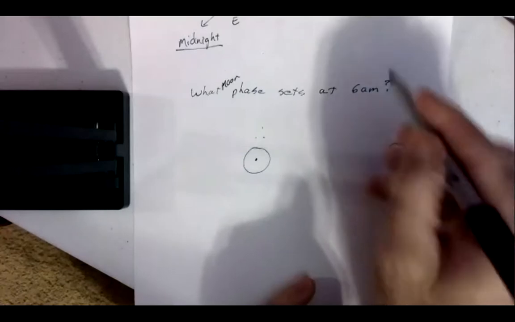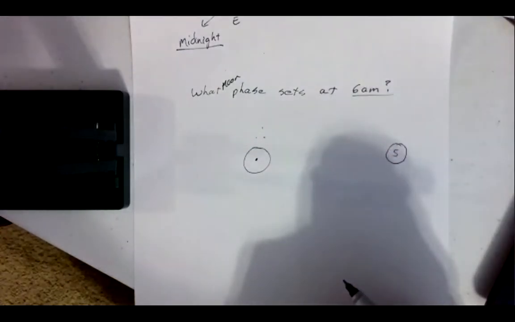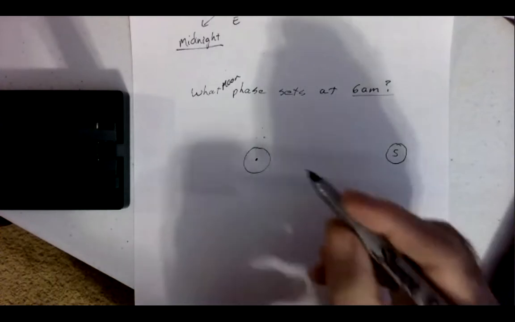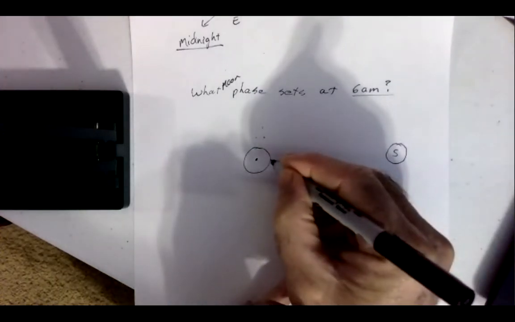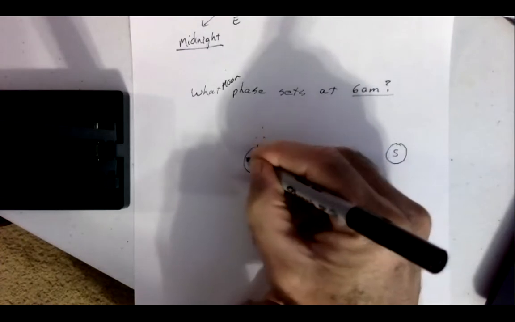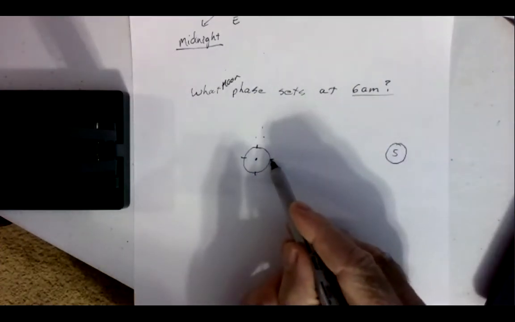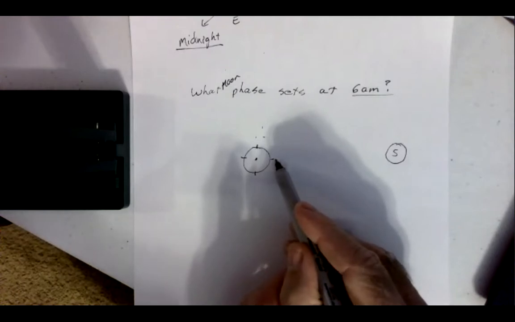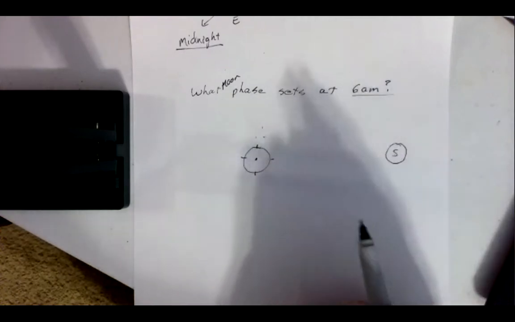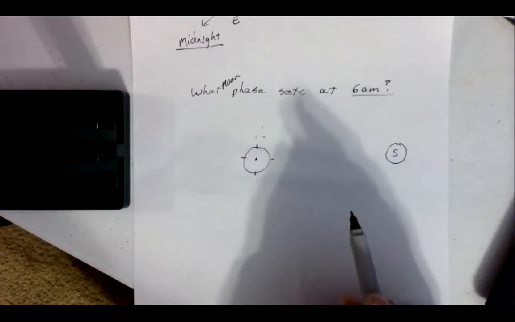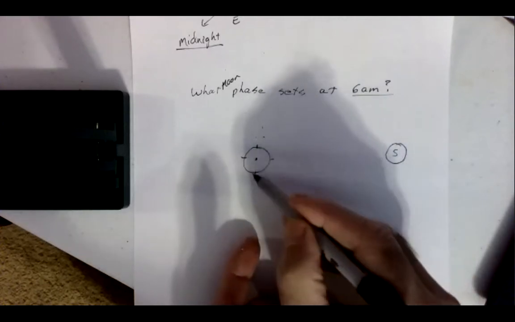So where's Herb at 6 a.m.? Herb is on the Earth, there's no moon yet. He's on the noon side of the Earth. Now, if he was here, this would be noon, right? Where's he at 6 a.m.? He's got to be one of these 4 spots.